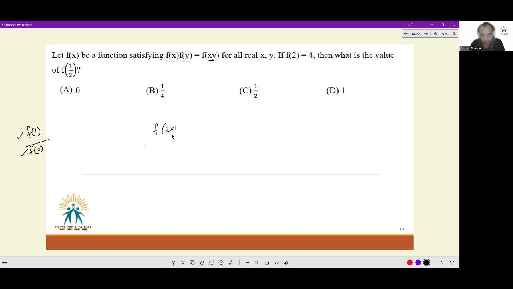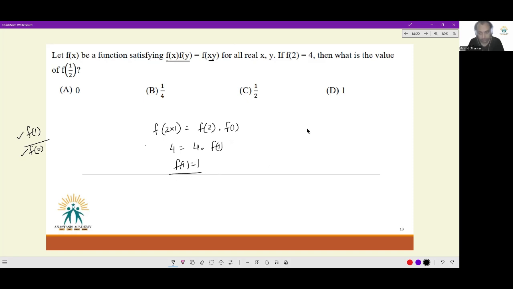f2 into 1 is going to be f2 into f1. f2 into 1 is f2 only, so this is 4. f2 is 4 into f1, so f1 will be equal to 1. We know this.